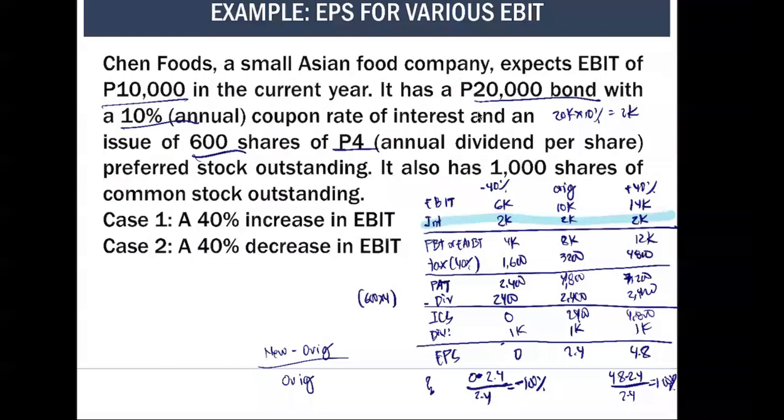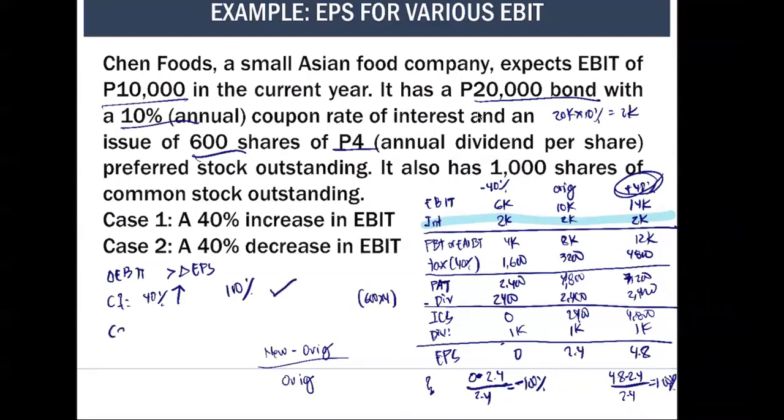What is our rule again? A change in EBIT has a greater change in your EPS. So what is our change in EBIT? In our case one, the change is a 40% increase. What is the effect on our EPS? 100%. Is 100% greater than 40%?